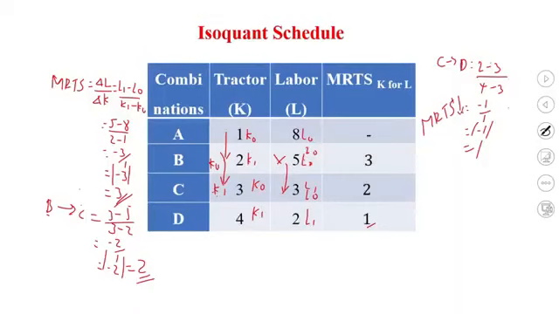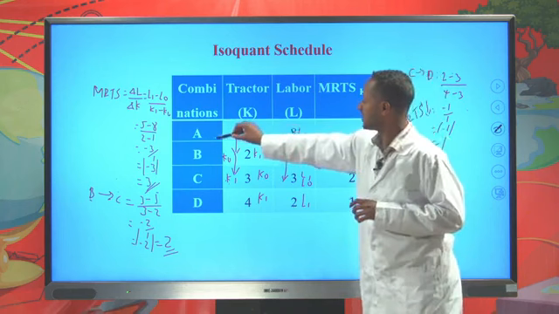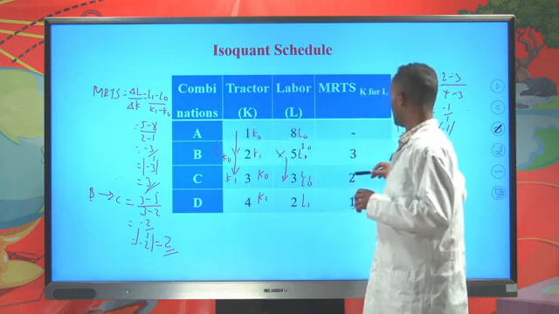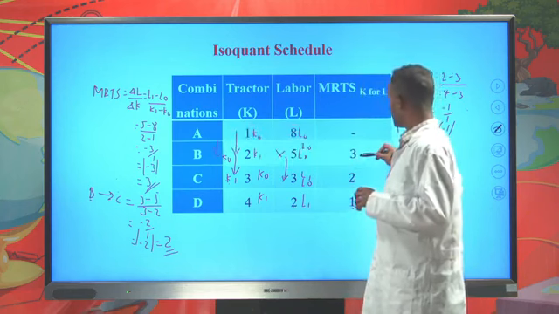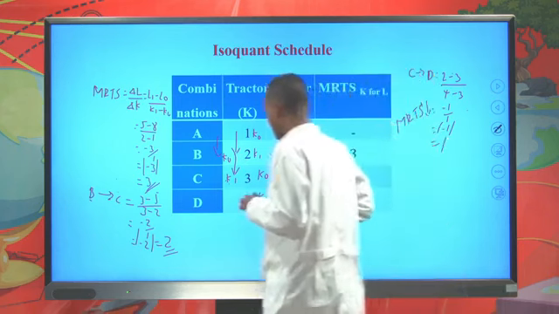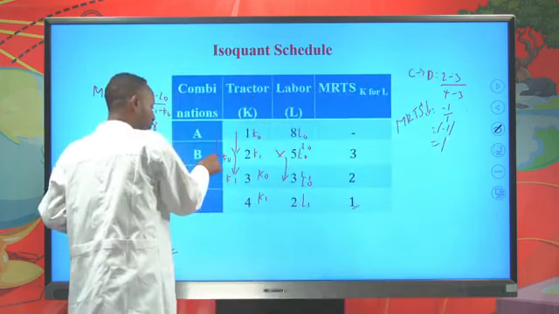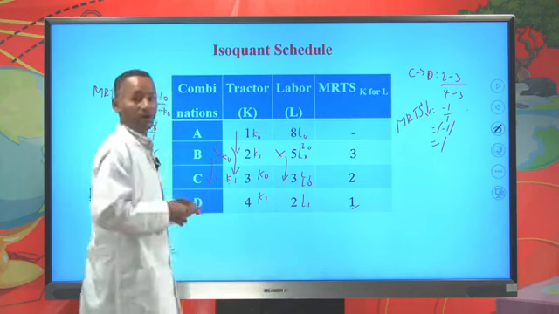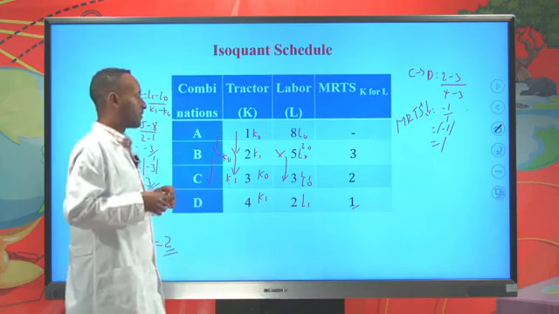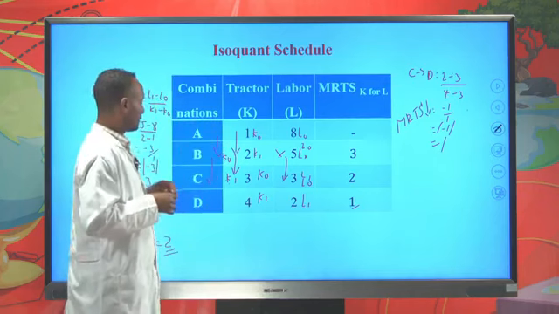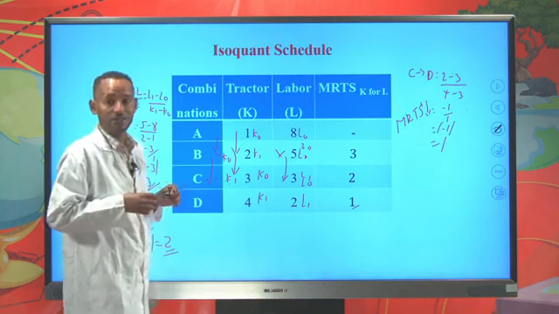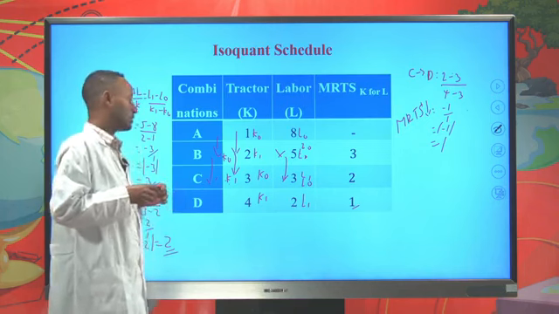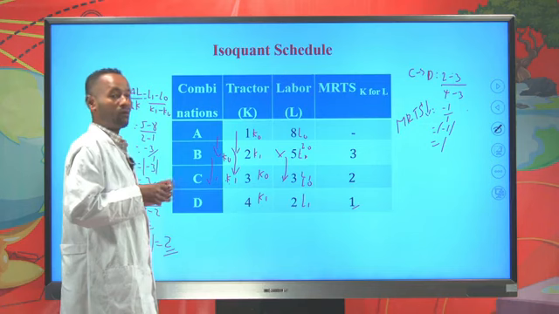For example, as we come across from combination A to combination B, then we are substituting 1 tractor for 3 labor. When we come across from combination B to C, we are substituting 1 tractor for 2 labor. And finally, when we come across from combination C to D, we are substituting 1 tractor for 1 labor.